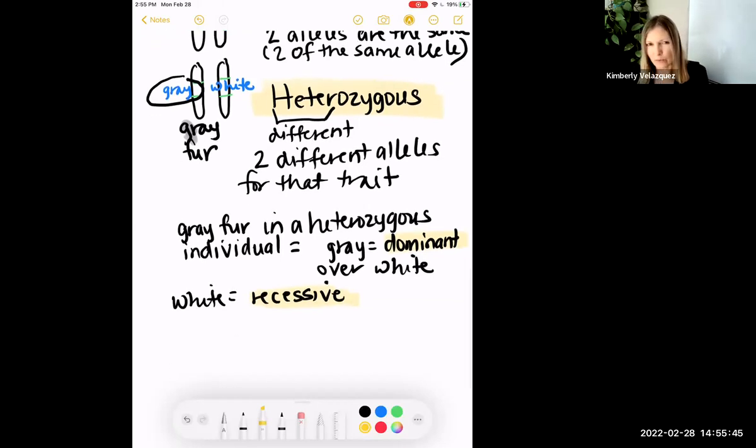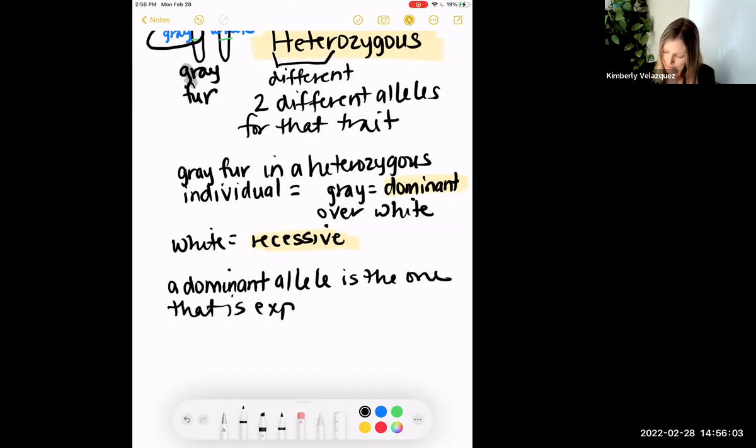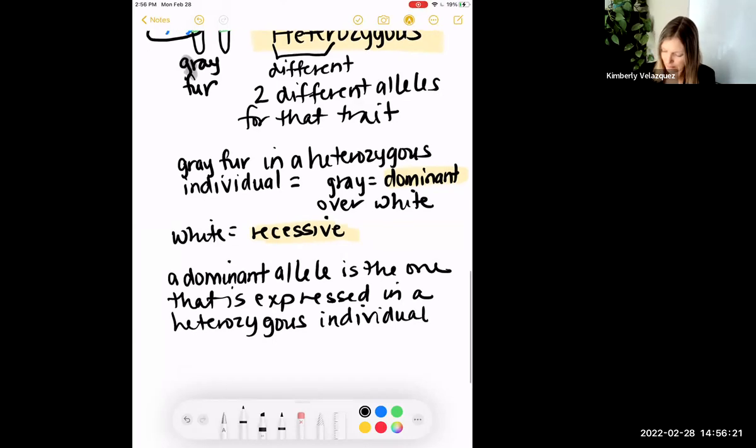Let's define what dominant and recessive mean in this example. What they mean is a dominant allele is the one that is expressed in a heterozygous individual, whereas the recessive allele is the one that is not expressed in a heterozygous individual.